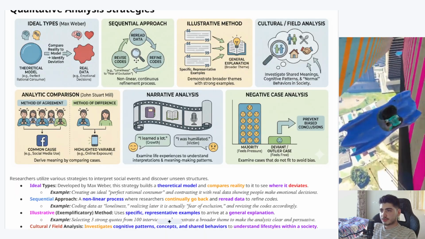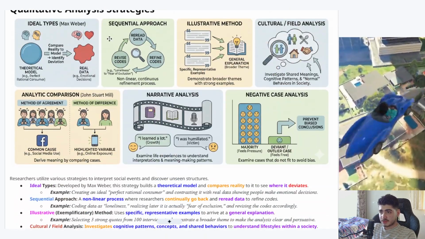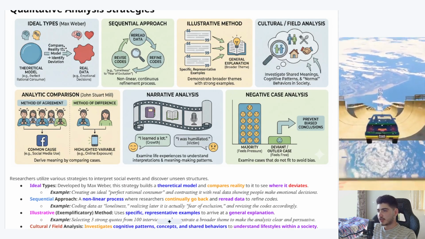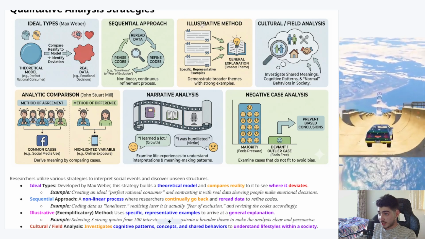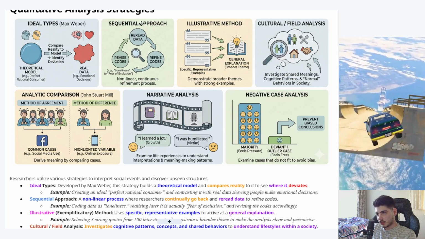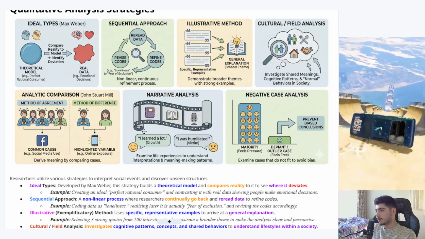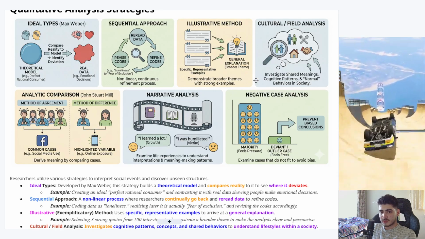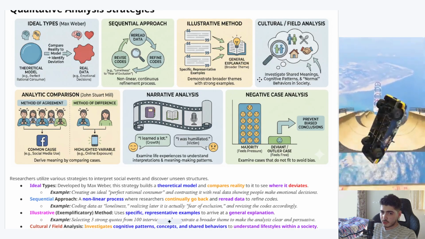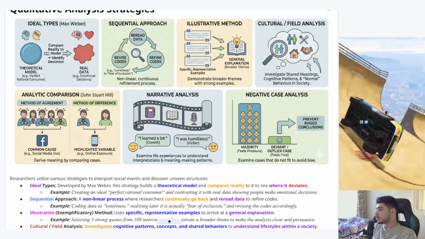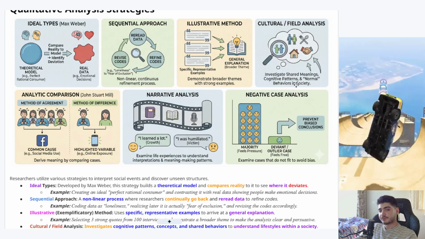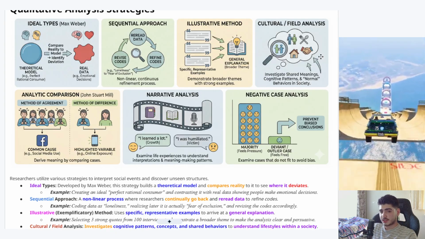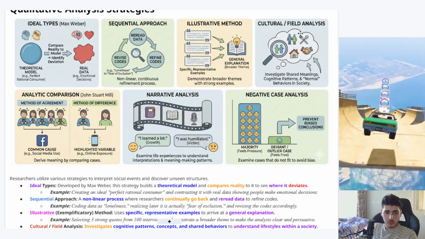So, to reiterate, we have ideal types, where an ideal reality is created and then compared to real data. We have the sequential approach, where we assign codes and then refine them. We have the illustrative method, where we take some examples and try to reach a general explanation from them. We have cultural/field analysis, which goes down into the field and starts to see what is normal, what is not.